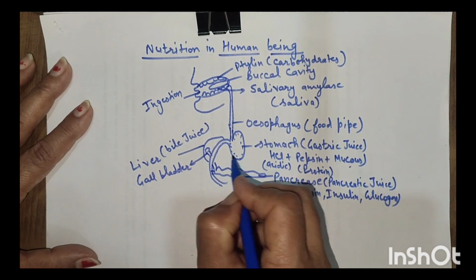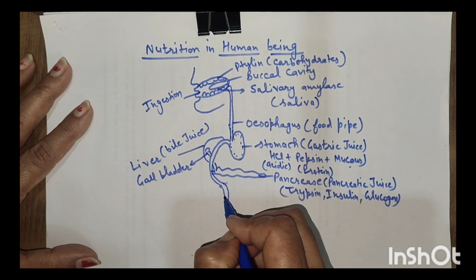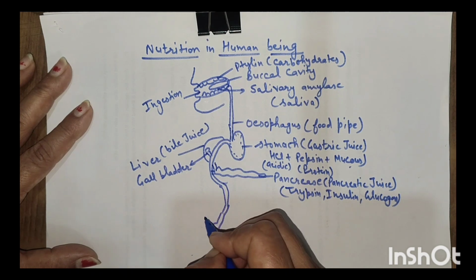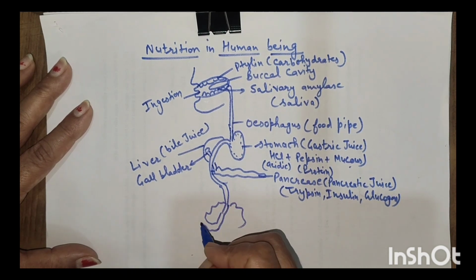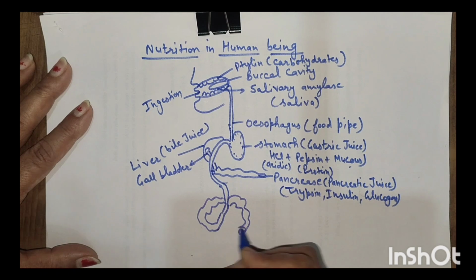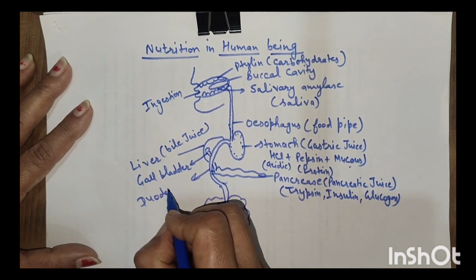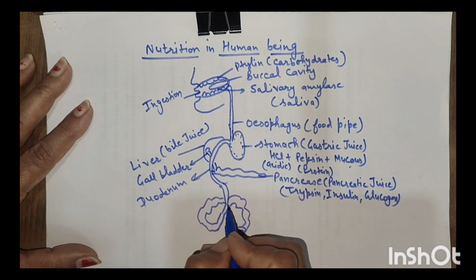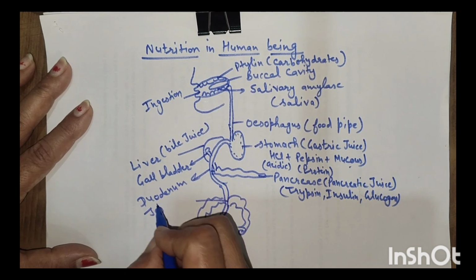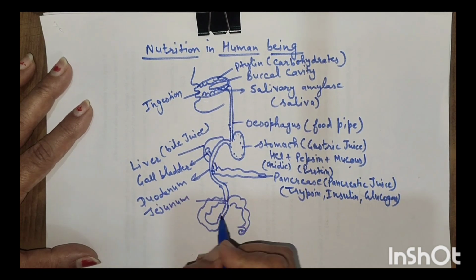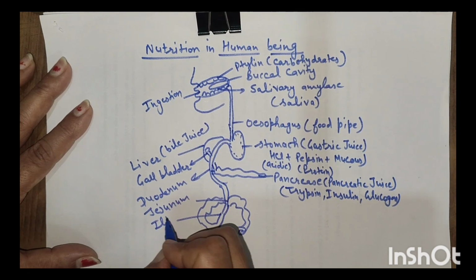Now, here this is the small intestine. This is called duodenum, jejunum and ileum.